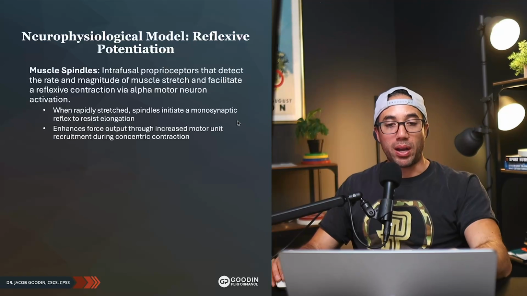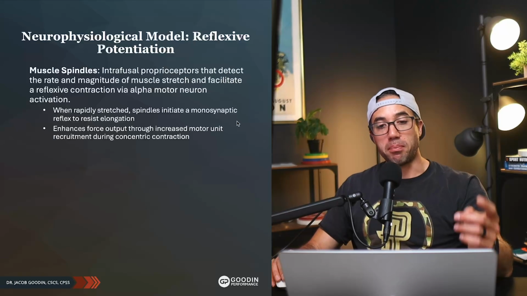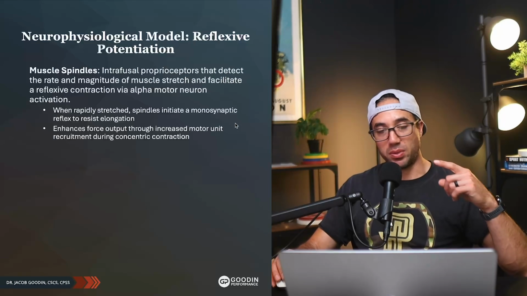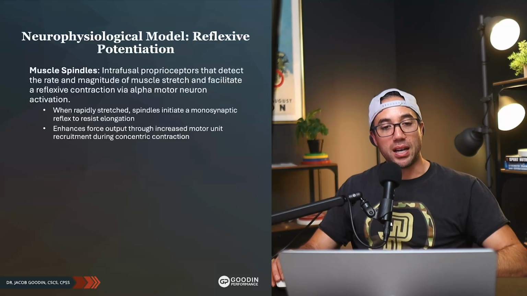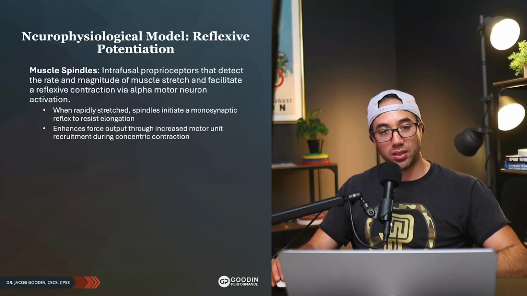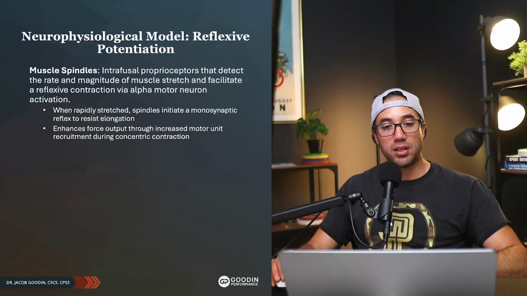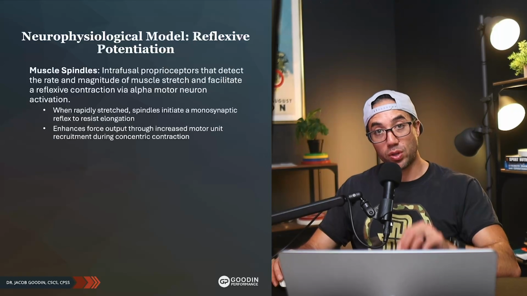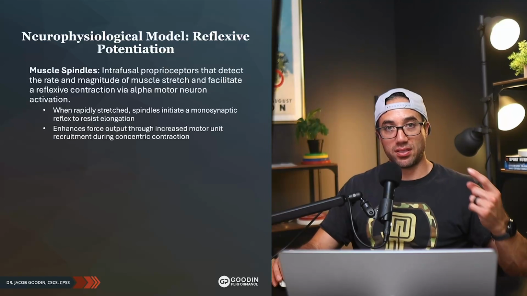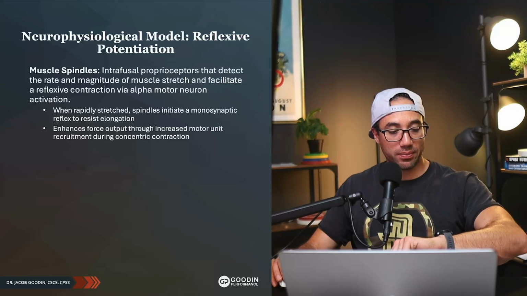So when rapidly stretched, these spindles initiate a monosynaptic reflex. That just means it's like a single reflex loop. And this enhances force output through increased motor unit recruitment during concentric contraction. Okay, so the eccentric stretch is what activates that myotatic reflex.